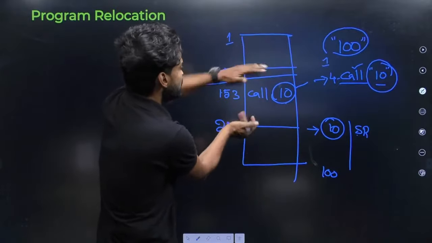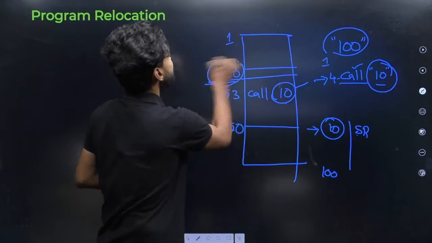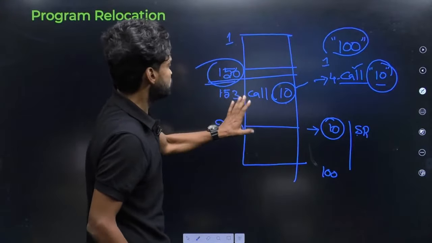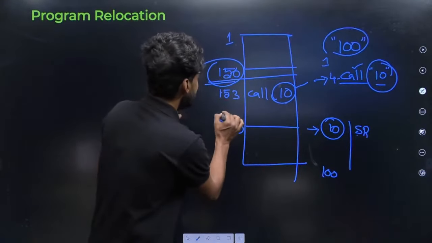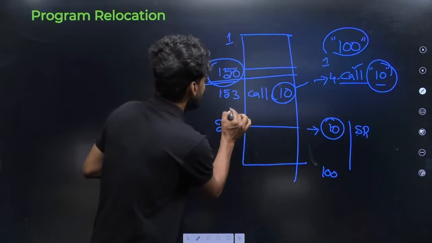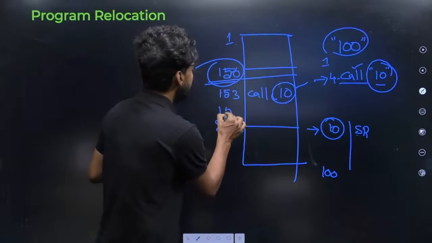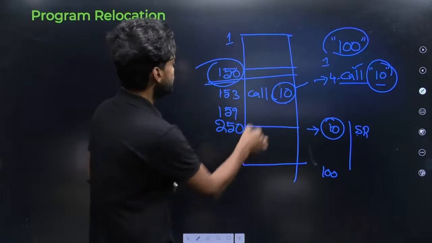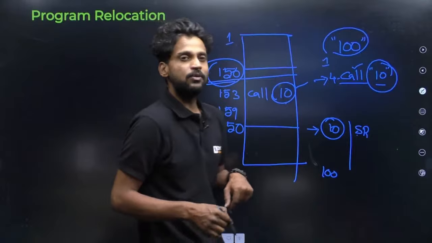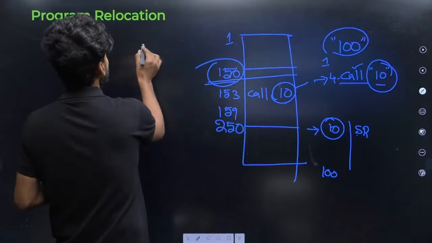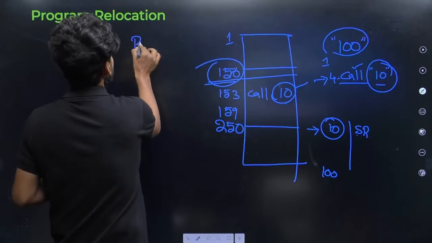When the relocation is done, the program will be loaded from a specific location. We need to make a call to a specific location. That is the 10th location of the program, which will now become 159, right? So I need to make a call to 159. I hope you got my point. How exactly can I make a call? Of course, for this, I'm going to use two addressing modes.